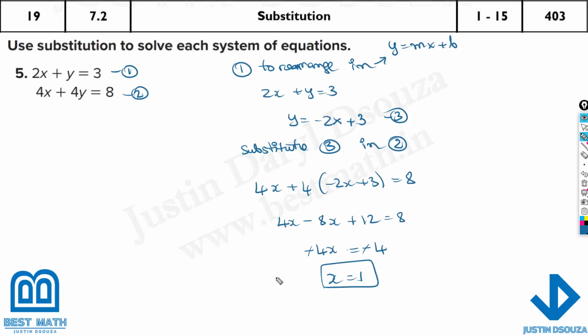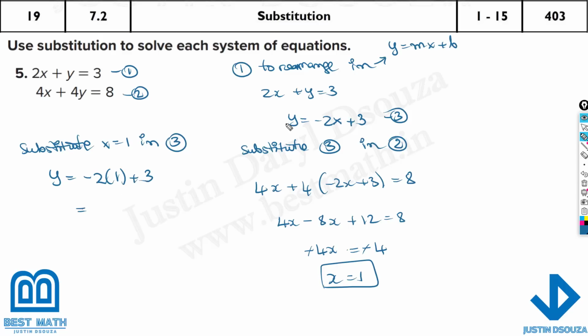Now substitute x is equal to 1 in any of these equations. But which is the best equation? I'll put it in equation 3 rather than 1 and 2. Why? Because this is the best rearranged equation, right? Y is equal to minus 2 times 1 plus 3.